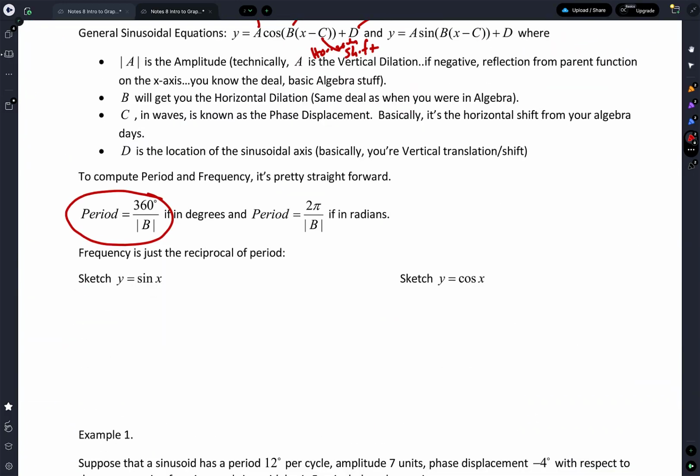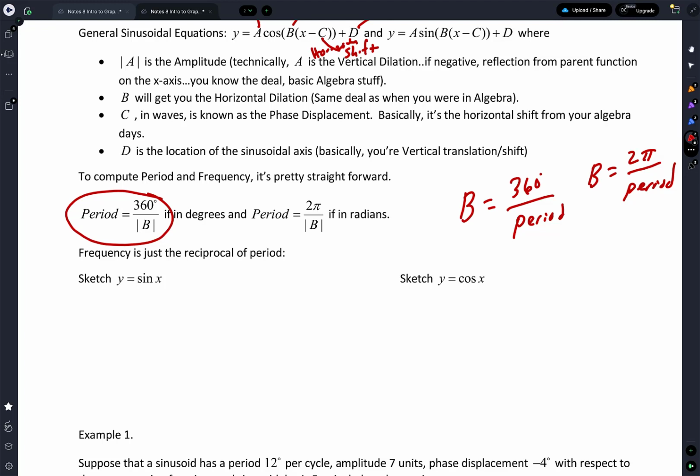Period is 360 divided by your B. So that means that the B is 360 divided by period. Or if you're in radians, B is equal to 2 pi divided by period. And there's a reason for the 360 and the 2 pi, guys. 360 degrees is the period of your parent function.